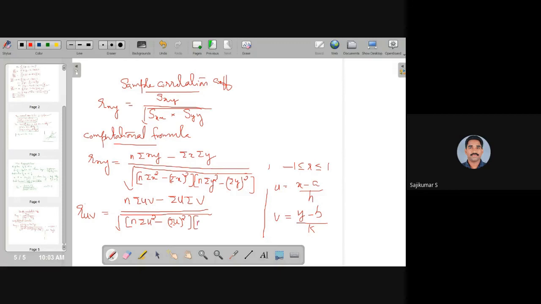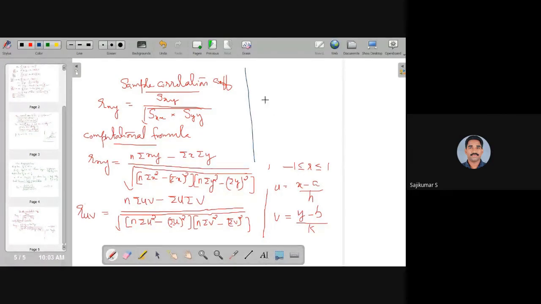Then the second bracket, n into sigma v square minus sigma v the whole square. Sigma v square only. So that is the advantage. So when we are doing a problem manually, this will be an advantage. That means we can shift the origin and scale down. That means we are reducing the magnitude of numerically large values of x and y. So we are reducing them to u and v and measuring the correlation coefficient in terms of u and v. And the theory says that these two values are identical.